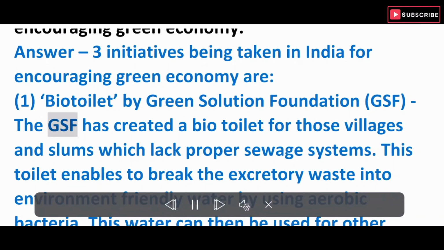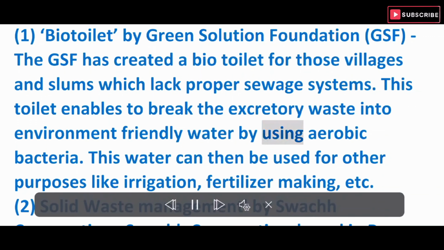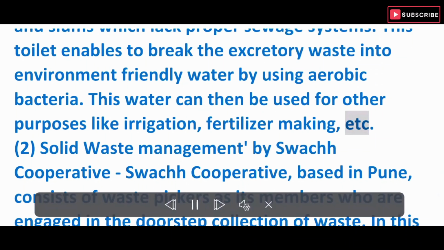The GSF has created a bio-toilet for those villages and slums which lack proper sewage systems. This toilet enables to break the excretory waste into environment-friendly water by using aerobic bacteria. This water can then be used for other purposes like irrigation, fertilizer making, etc.